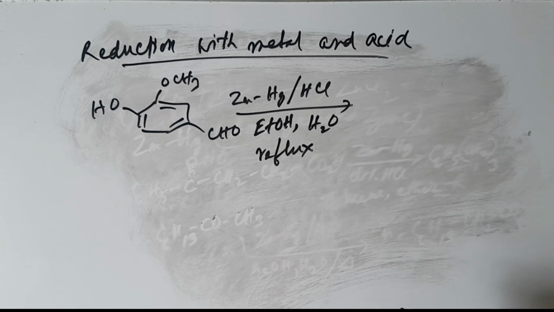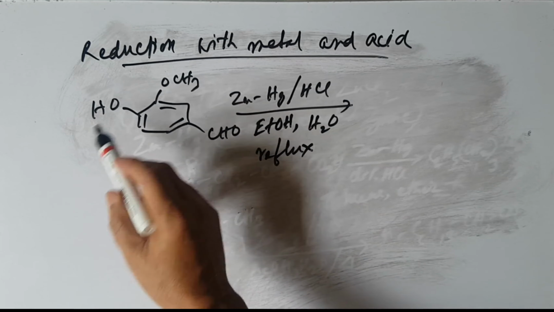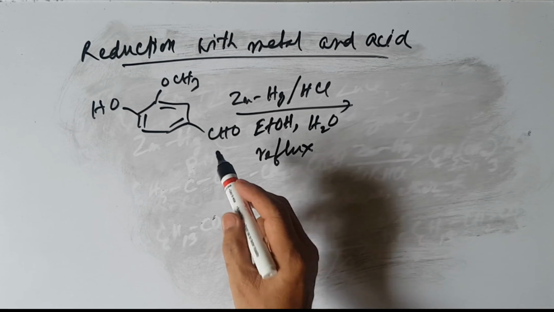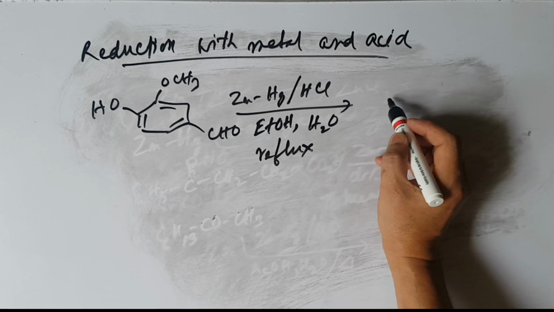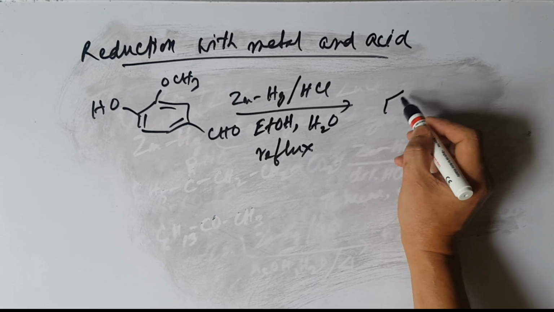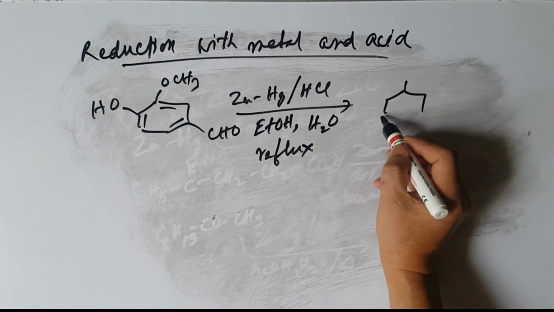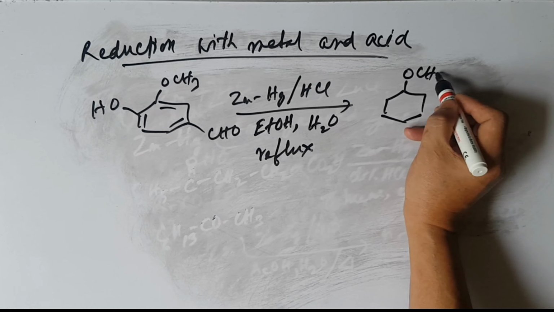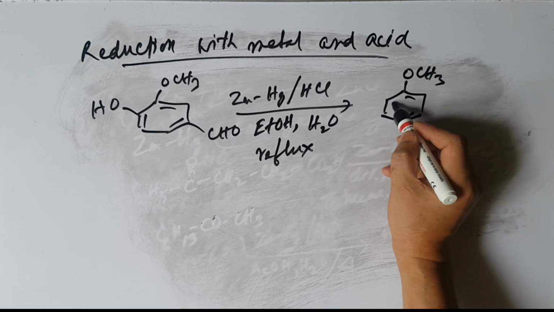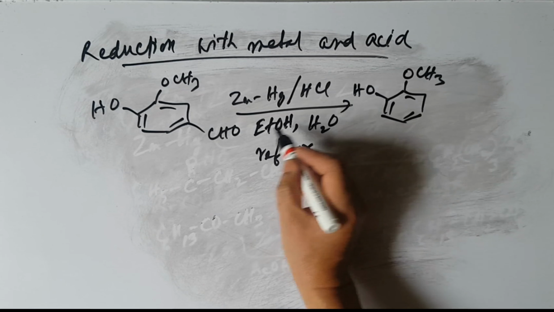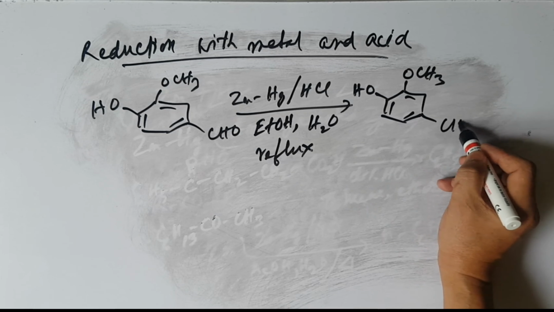Here the other groups remain intact and are not reduced. Only the carbonyl group is reduced, so the aldehyde is reduced to a methyl group, CH3.